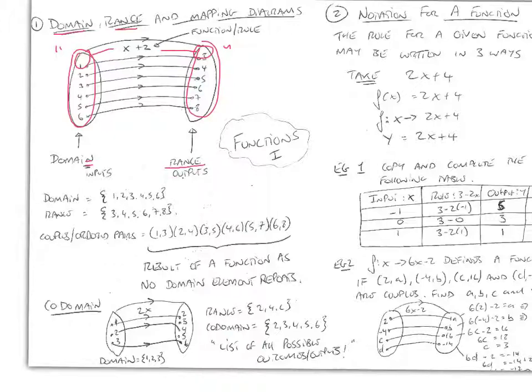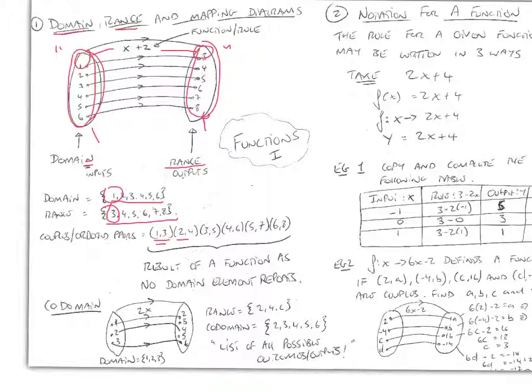So the domain here is the set of inputs 1, 2, 3, 4, 5, 6, and the range is the set of values which are outputted as a result of inputting these values. So this is the range, the outputs. If we take the input value and its corresponding output value, we get what's known as an ordered pair, or couples.